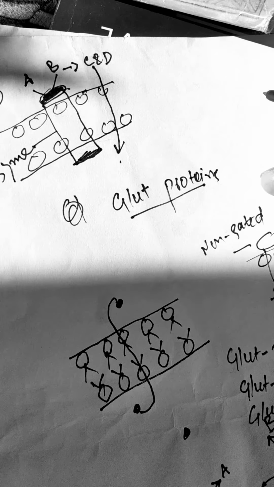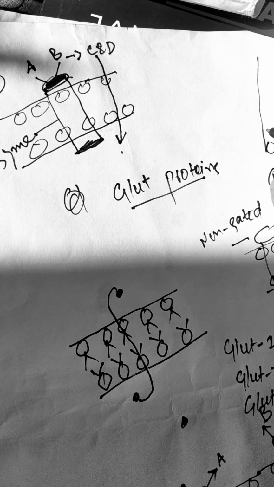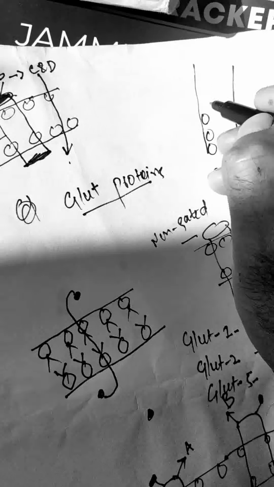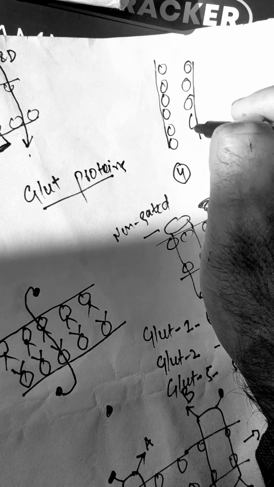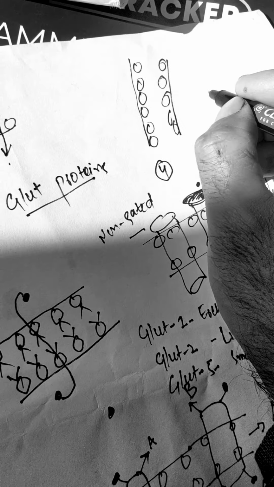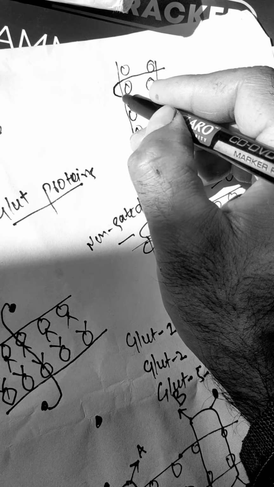Okay, another molecule. Here I will again make the structure of the plasma membrane. This is the plasma membrane. Okay, these are phospholipid molecules. This is the cytoplasmic phase. Okay, this is the transmembrane protein.